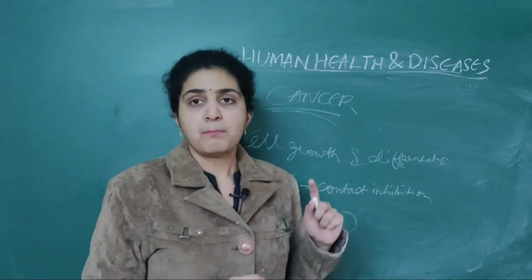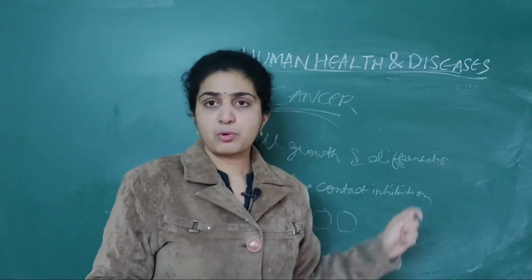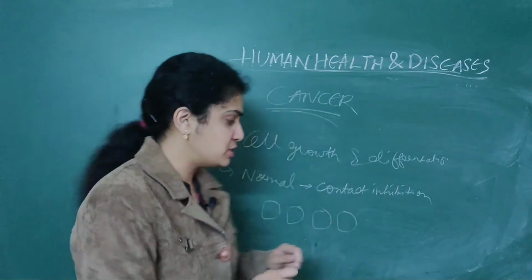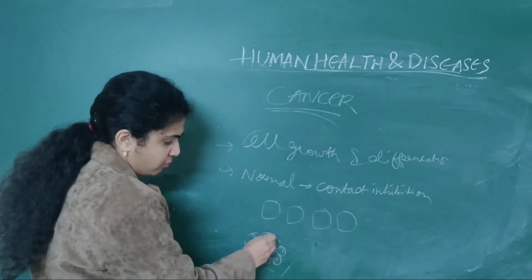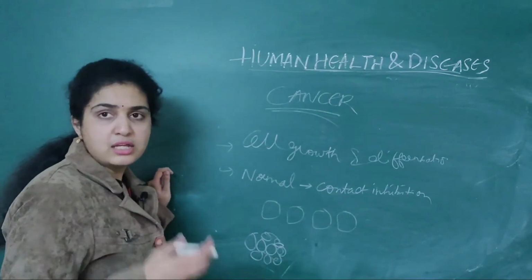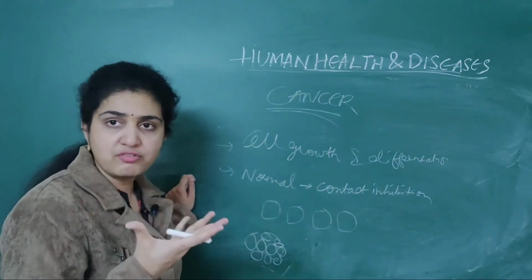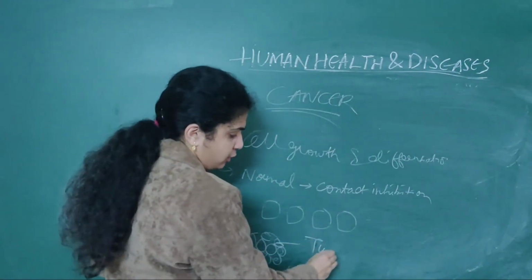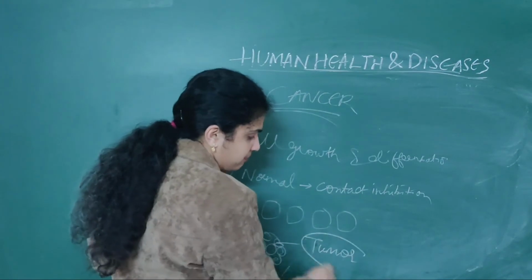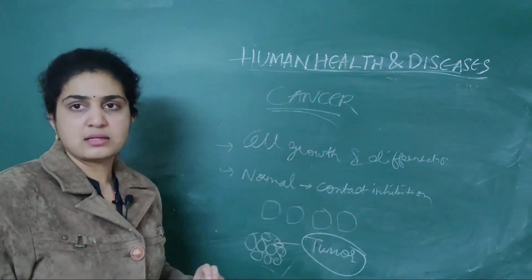But cancerous cells lose this property of contact inhibition and they will form like this. They proliferate very rapidly and form a tumor. So this tumor results in cancer.